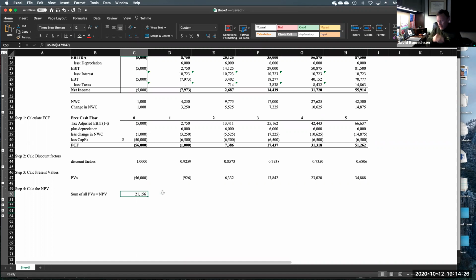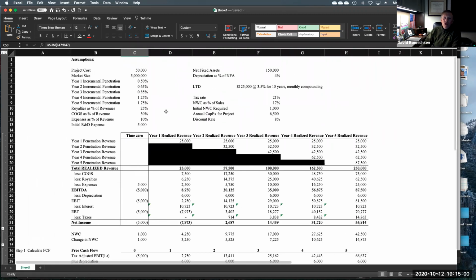Okay? And what we said was, if we're looking at the criteria within which we evaluate whether or not we do a project, whether we accept the project, whether we spend our capital on the project, in general, if the net present value is greater than 0, then we accept the project because it delivers incremental value to the firm above and beyond what we would have received had we taken that $56,000 and simply invested it at 8%.